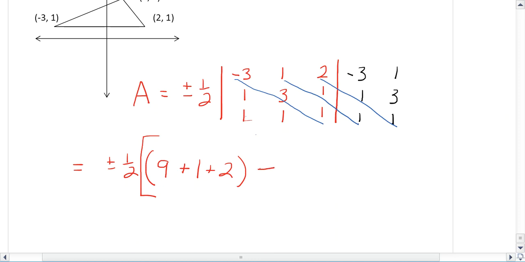Remember, in determinants we subtract the minors now. So let's mark the minors in blue. So the first minor diagonal, 1 times 3 times 2 is 6. 1 times 1 times -3 is -3. 1 times 1 times 1 is 1.